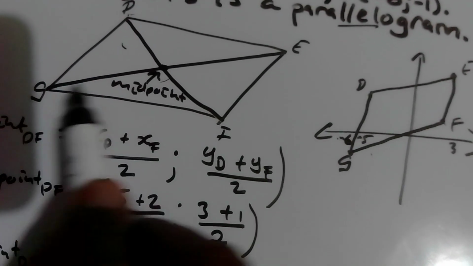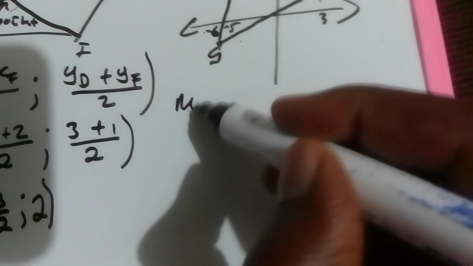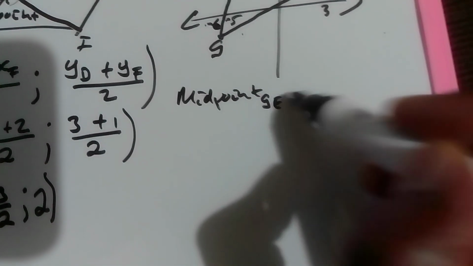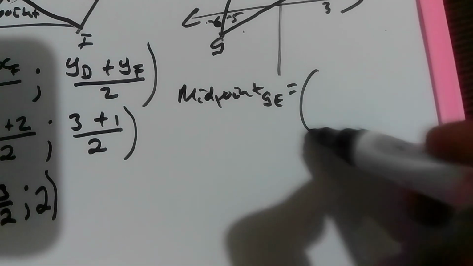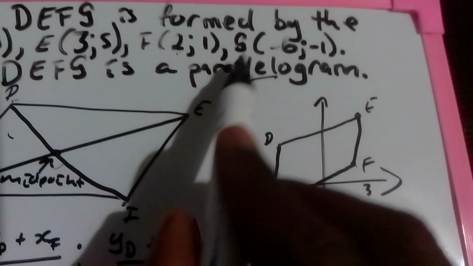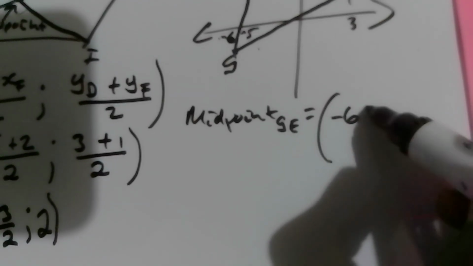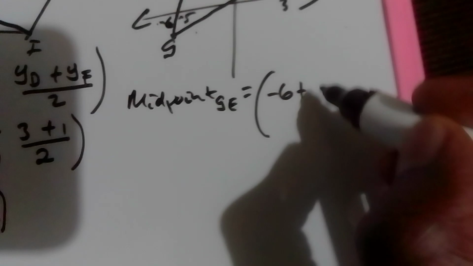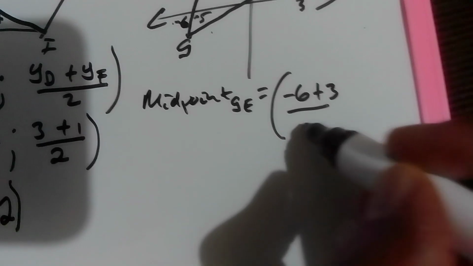Now I'm done with the first line. I must now find the coordinates of the diagonal GE. So I say midpoint GE is equal to, the x-coordinate at point G is negative 6, so I've got negative 6 plus the x-coordinate at point E, which is 3, all over 2.